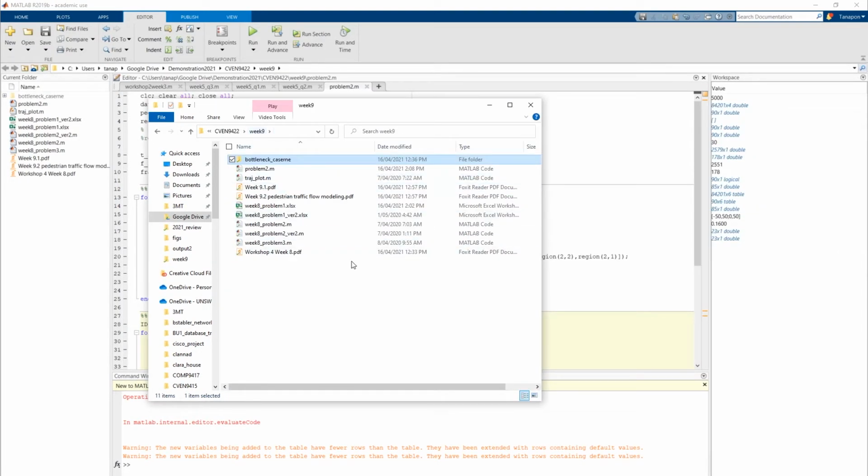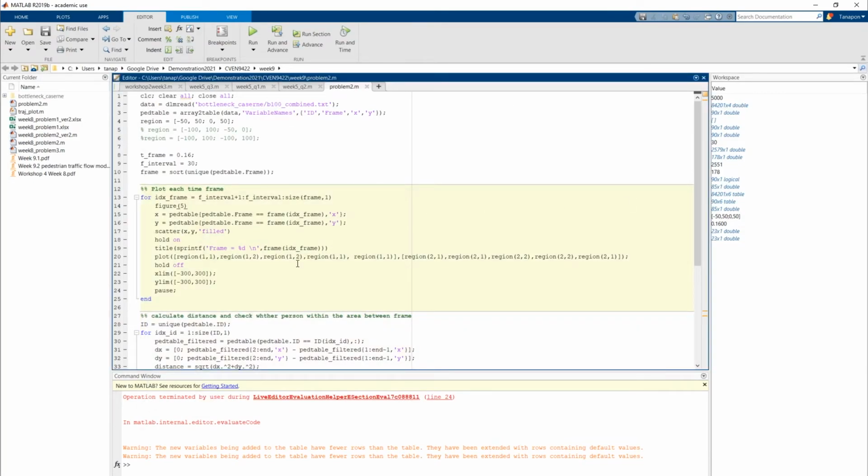I already wrote the Matlab code, so I'm just going to run through it with you. At the beginning, I clear all the existing data.